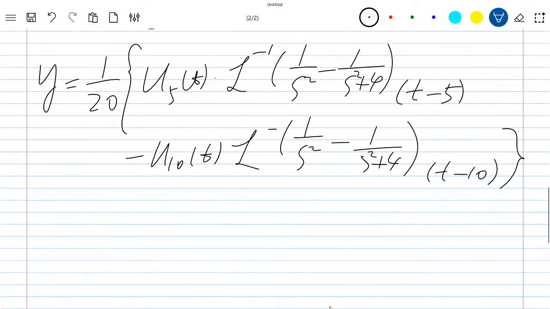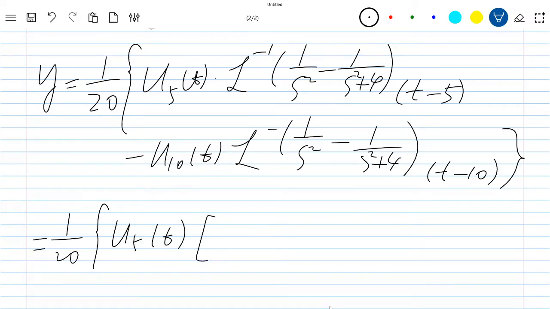Okay, so let me put together u5 of t. What did this give you? You have t minus, then this is a 1/2, you know, right now this is 2 times a half, right?